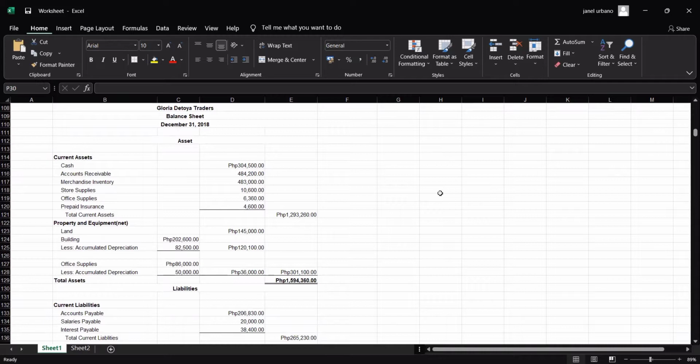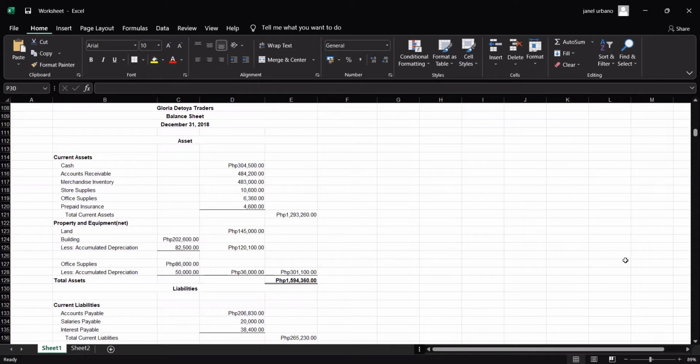Those are non-current assets such as land, building, less the contra account accumulated depreciation, office equipment, less accumulated depreciation, until we get 301,100 pesos.